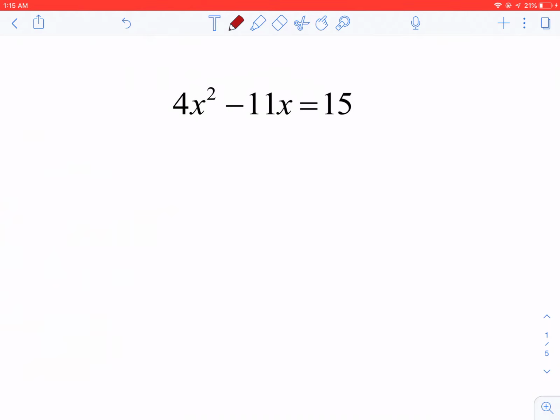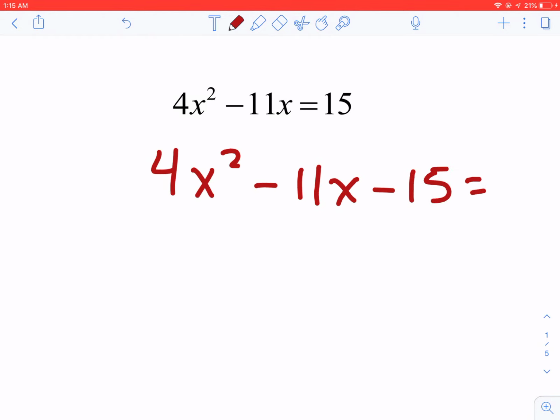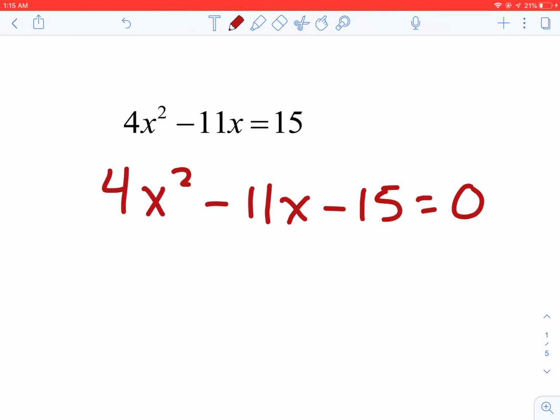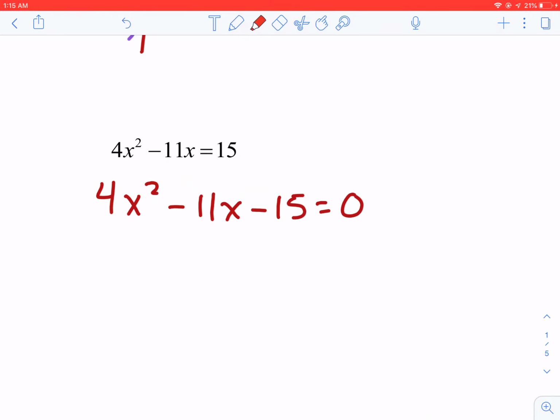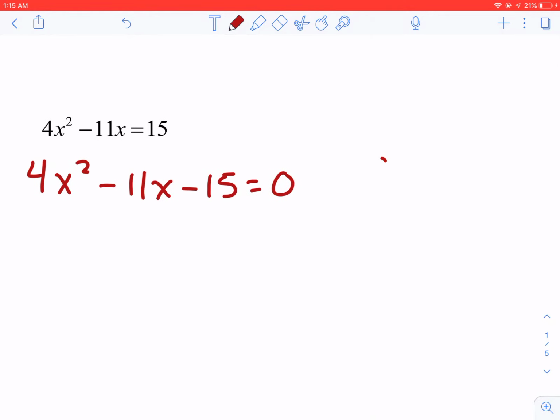This next one we can only do after yesterday, because once we set this one equal to 0, we didn't know how to factor it before, even though the a value here is a 4, but now we know the AC method. So a times c, 4 times negative 15, is negative 60.